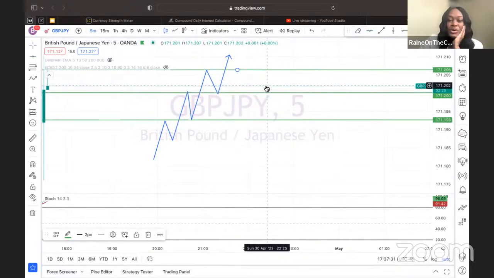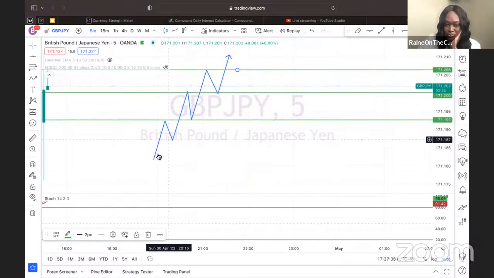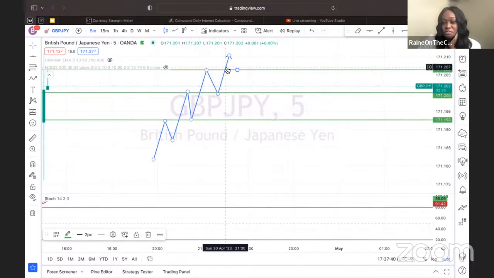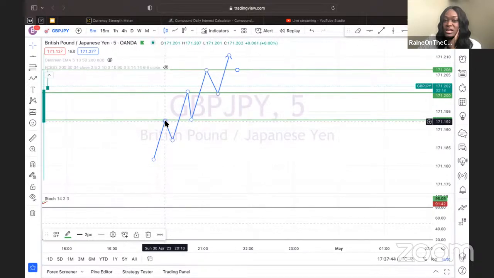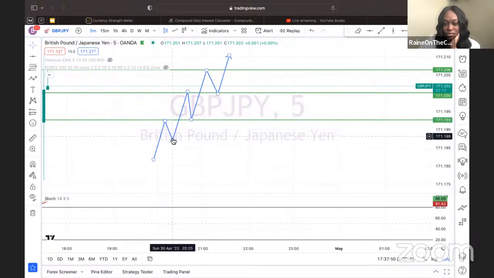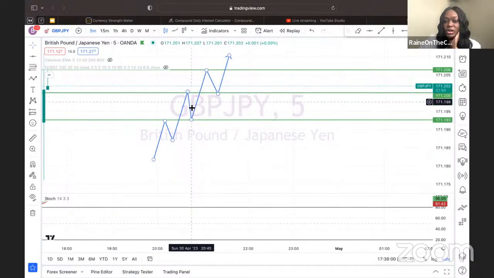Now, when you're looking to enter a trade, since we know that price doesn't just go up smoothly, you want to wait on the pullback before you get into the trade, right? So here's the pullback. This would be a place to enter. Goes up. This is not the place to enter. You wait for the pullback.